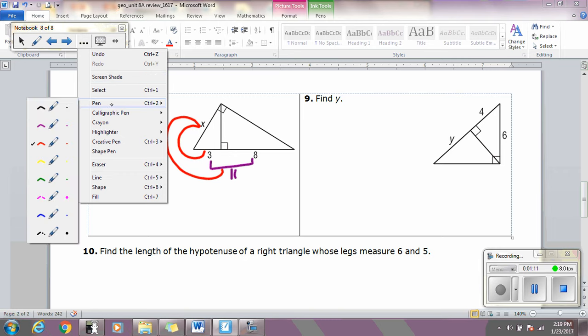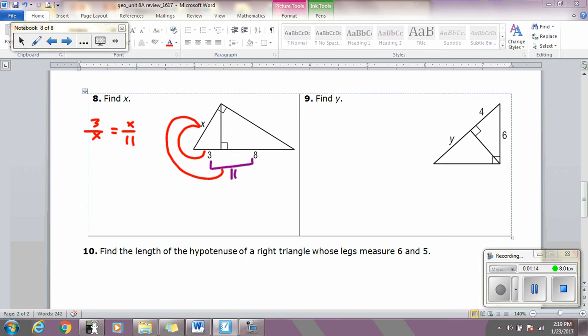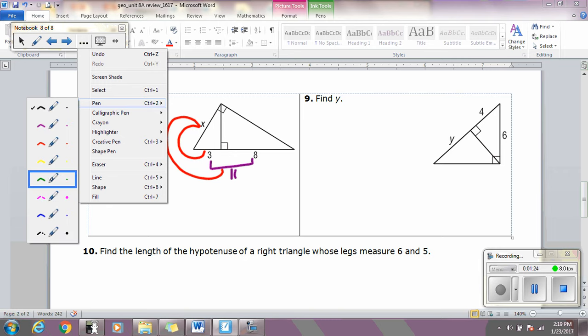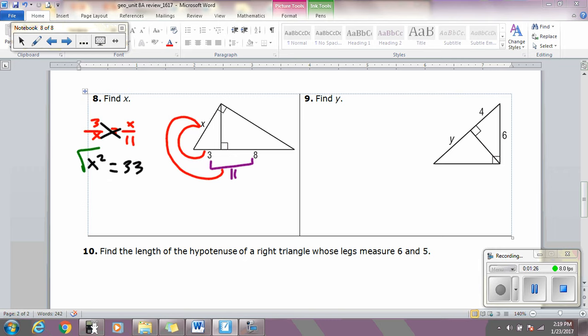So now we cross multiply. So you would have x squared is equal to 3 times 11, which is 33. Now you take the square root of both sides. So x is equal to the square root of 33. Let's try and factor that. The only factors of 33 I can think of are 3 and 11.